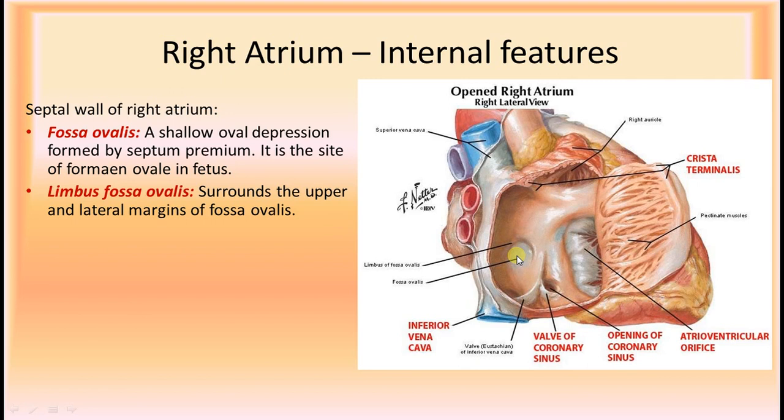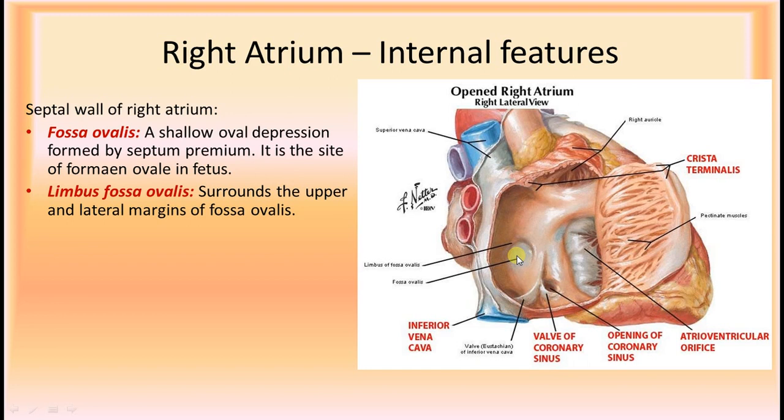through which the right atrial blood can go to the left atrium. Why actually does it have to go to the left atrium?